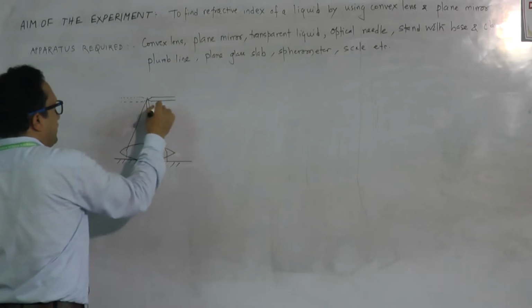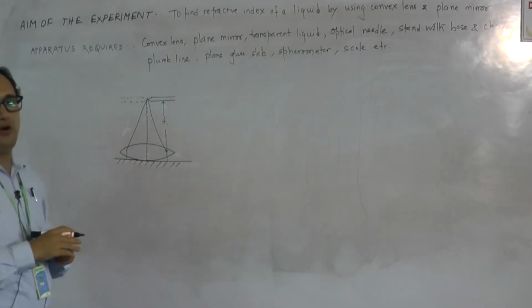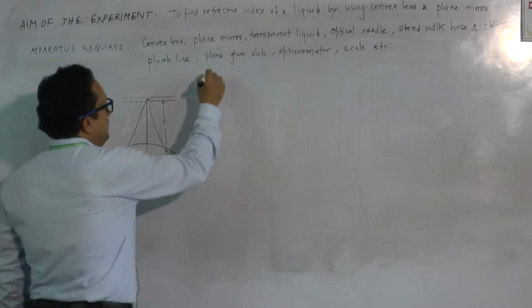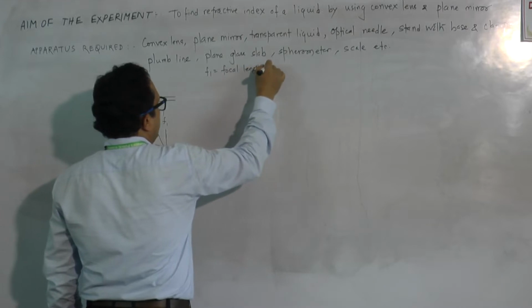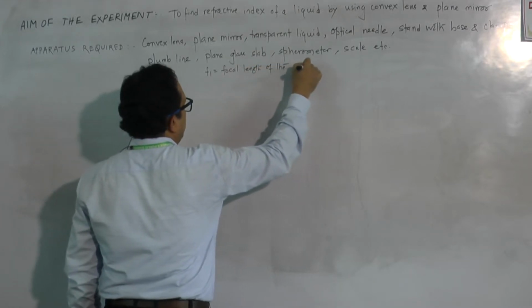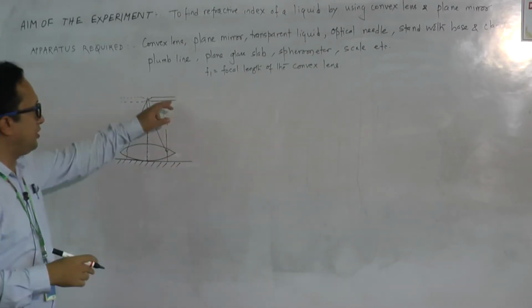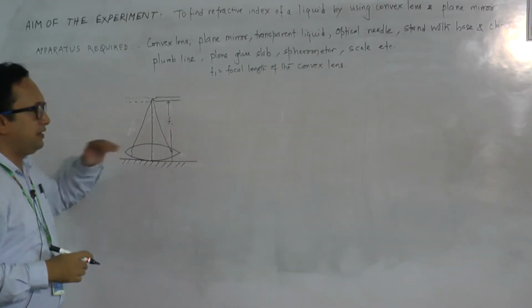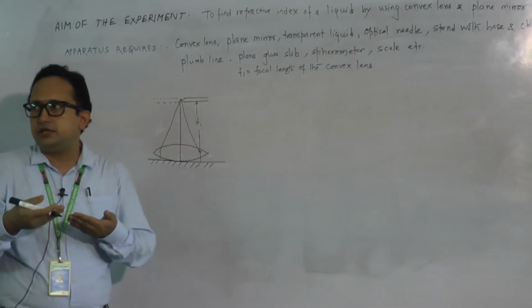So this distance gives you an idea of the focal length of the lens, which I will call f1. So f1 is the focal length of the convex lens. That is how I determine using the optical needle, plane mirror and the lens. All I need to do is ensure that the image of the object coincides.